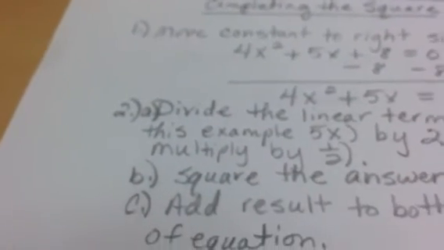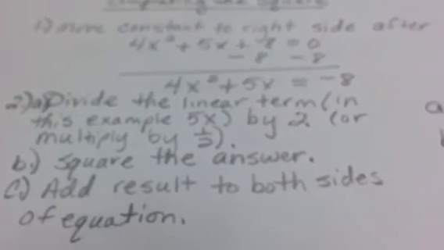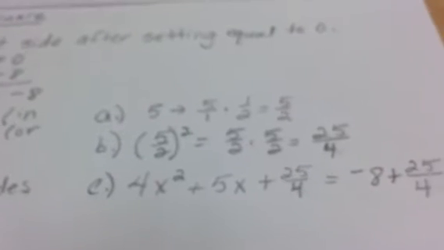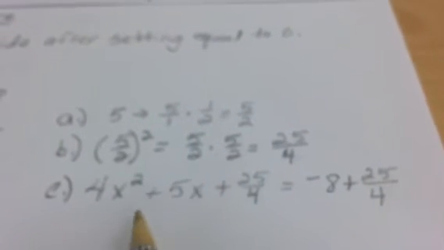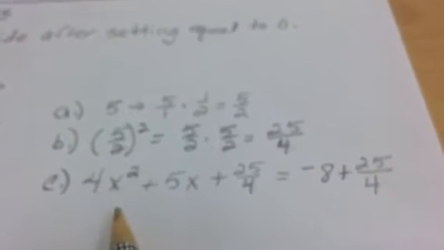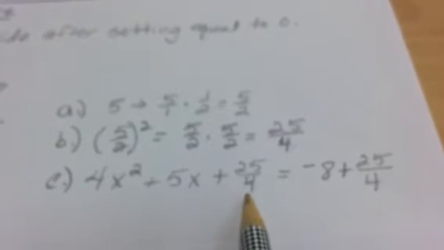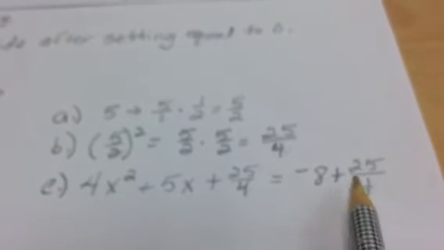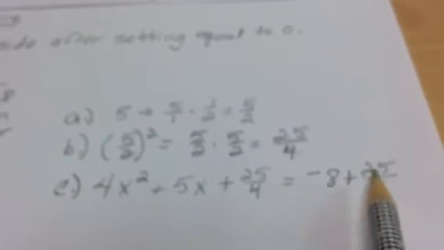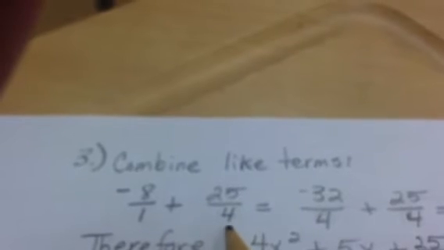And the third step is we add the result back to both sides of the equation. So our new equation becomes 4x squared plus 5x plus 25 fourths is equal to negative 8 plus 25 fourths. We are then going to combine these like terms together. When we combine negative 8 over 1 plus 25 fourths, our common denominator is 4.